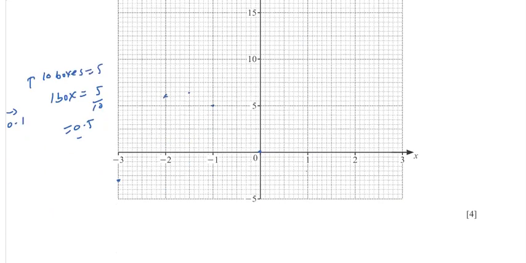So 0.5, 1, 2, 3. In the same way, it will be here. This is minus 3.